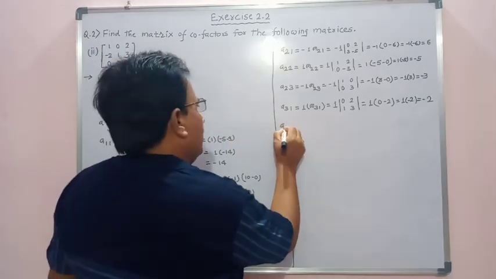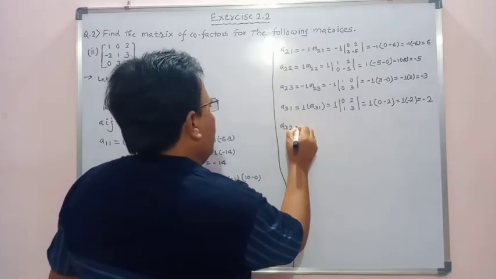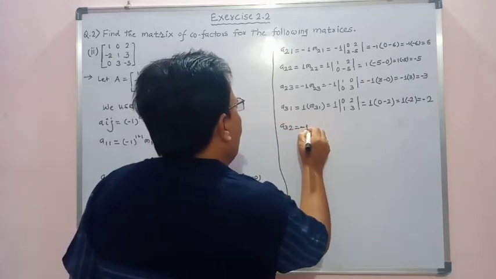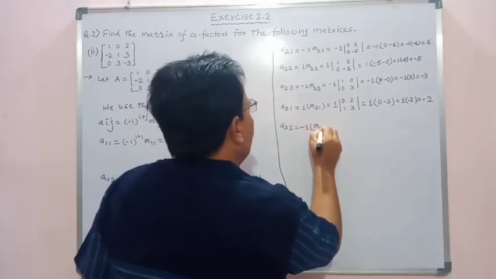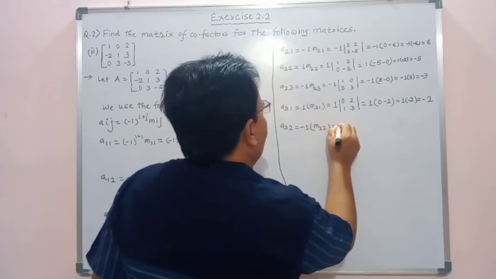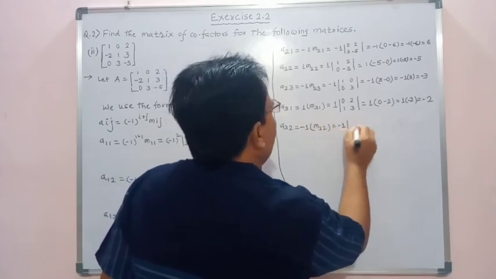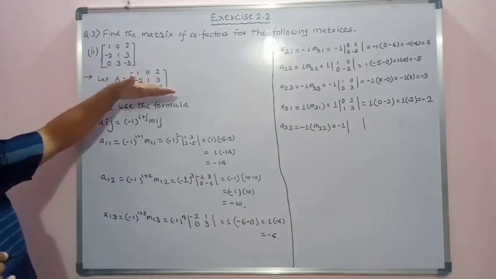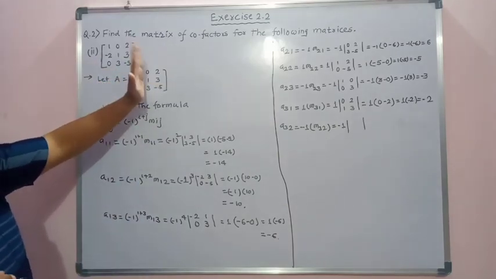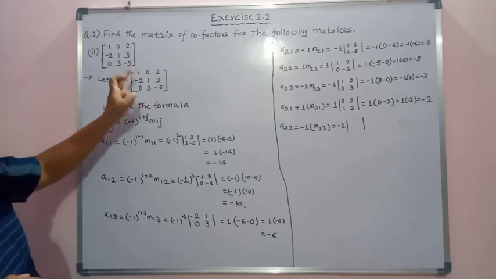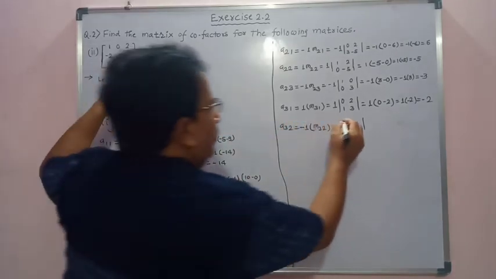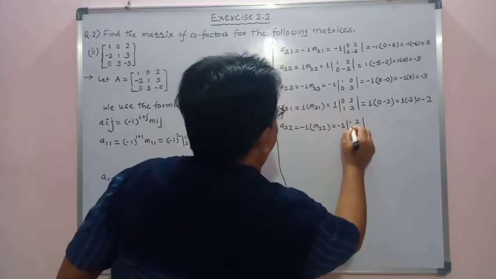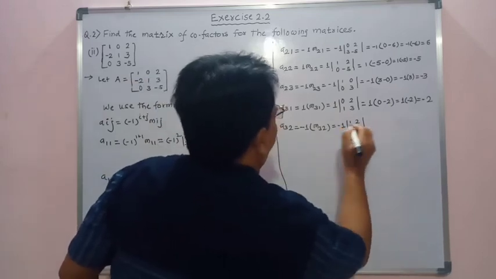And the next cofactor is A32. 3 plus 2 is an odd number, so we directly use minus 1 into M32. What is the value of M32? Leaving off third row, second column: 1, 2, minus 2, 3.